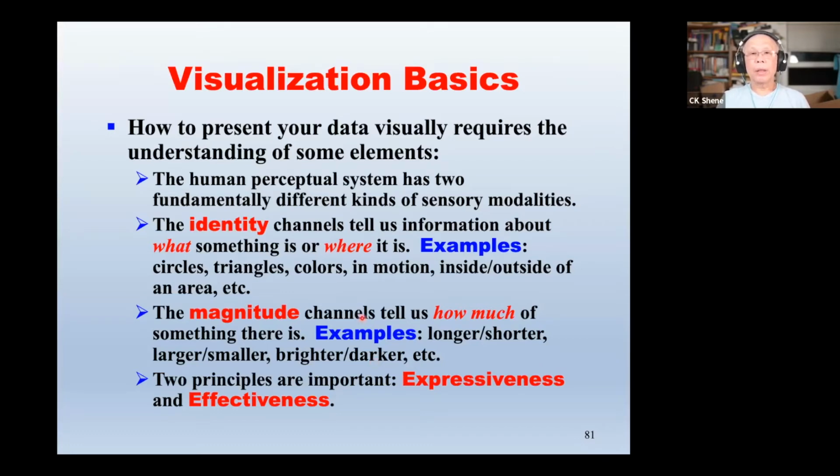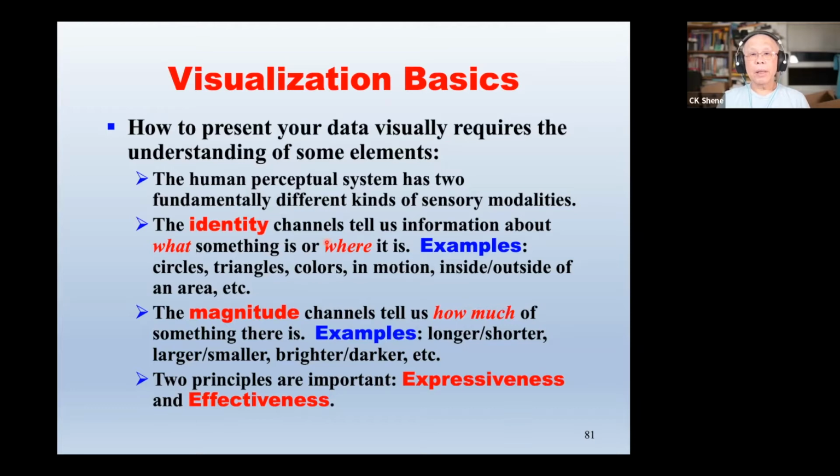And here is a list of visualization basics. How to present your data visually requires the understanding of some elements. First of all, the human perceptual system has 2 fundamentally different kinds of sensory modalities. They are the identity channel and the magnitude channel.